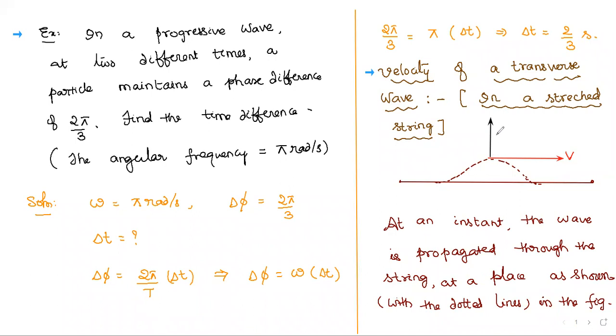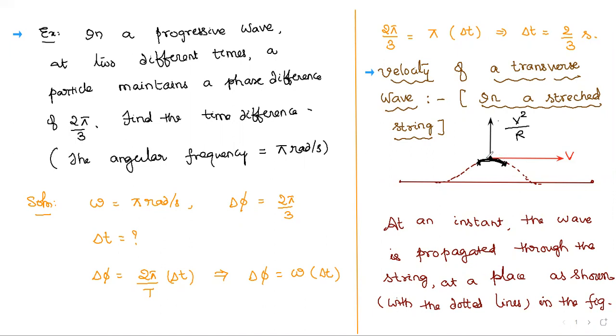Here, by virtue of velocity, you will get some centrifugal force, that is mv square by r, r being the radius of curvature. Mass means where you are calculating, at that point you select one part of the string, the stretched part, like this. This is the part I selected.